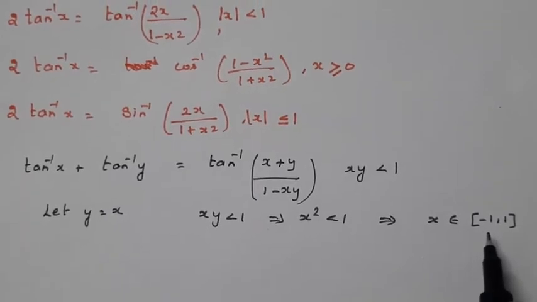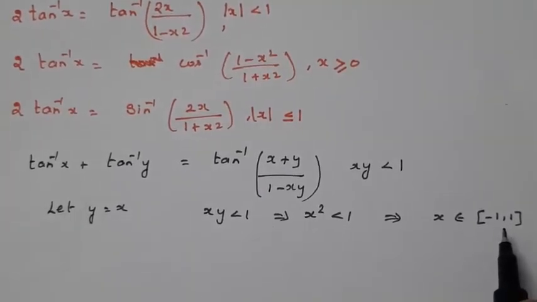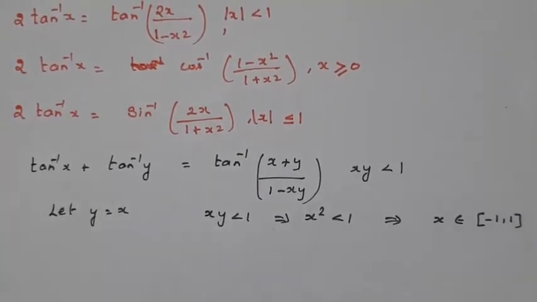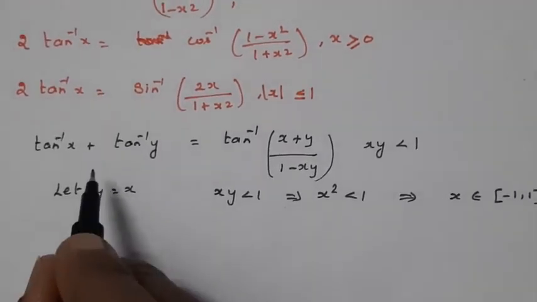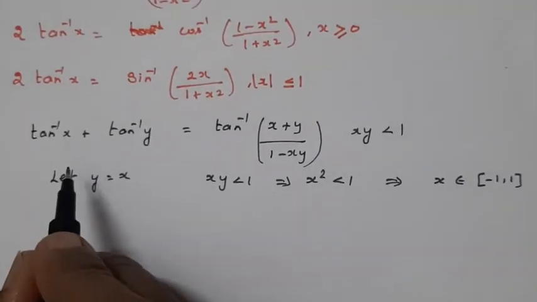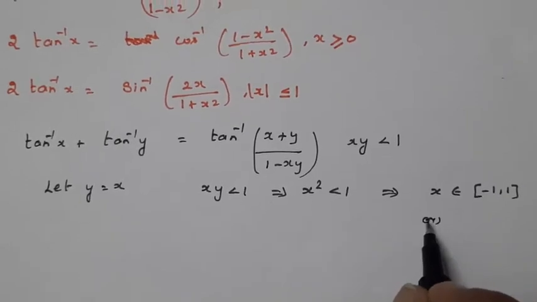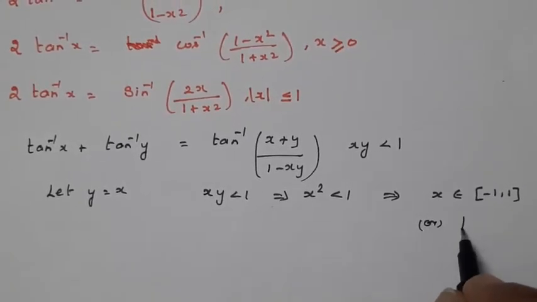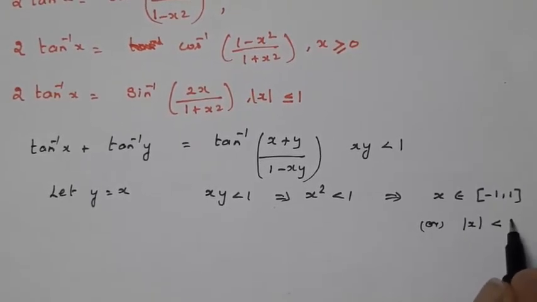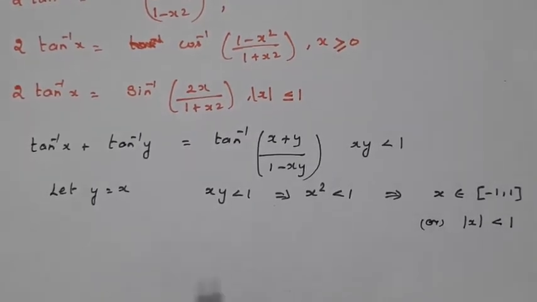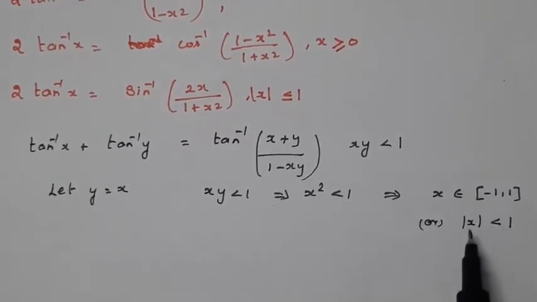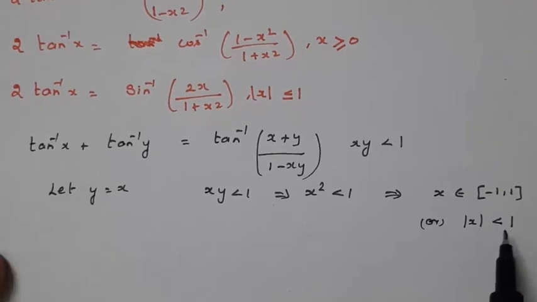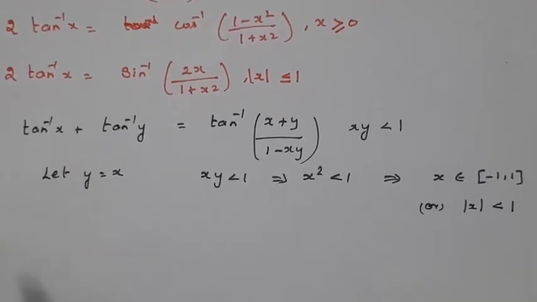So, x belongs to the interval minus 1 comma 1, or we can write this as modulus of x is less than 1. So, as x belongs to minus 1 comma 1, we can also say that modulus of x is less than 1.